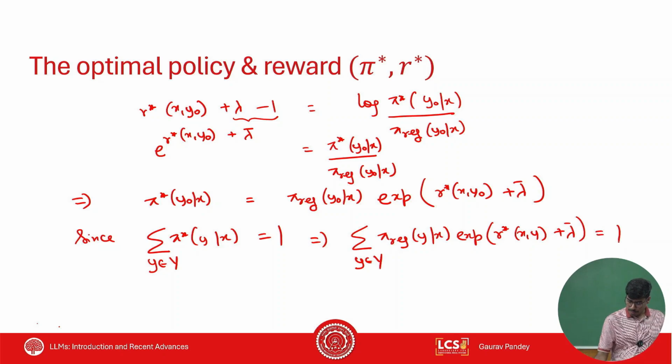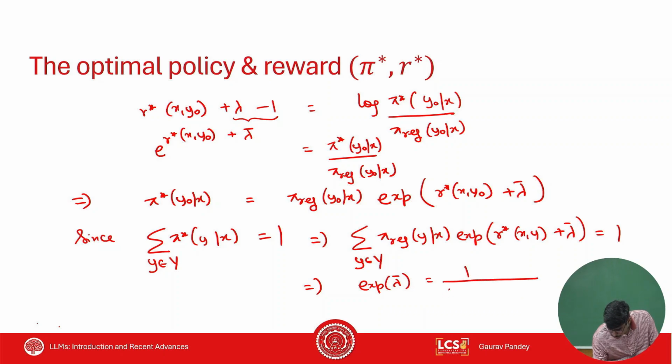The exponential of lambda bar does not depend on y, so it comes out: exponential of lambda bar equals 1 over summation over y of pi ref(y given x) times the exponentiated reward function.